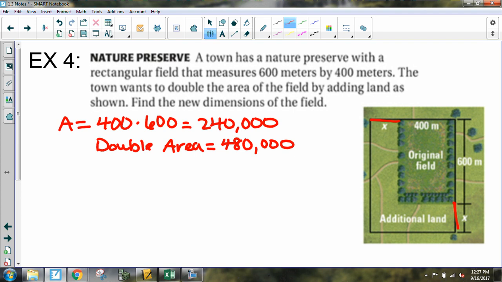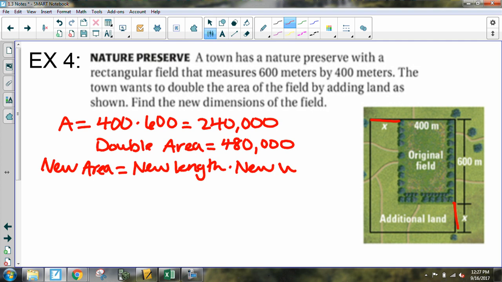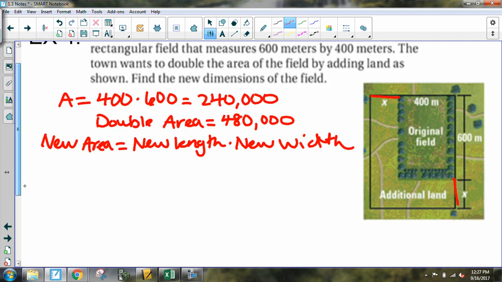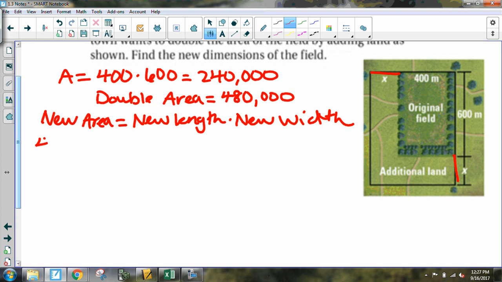So our new area will be the new length times the new width. Okay? So our new area, we want double the area, so we know that that's going to be 480,000. Then we want a new length and a new width. It doesn't matter which one's which, but here is one of them and here's the other one.